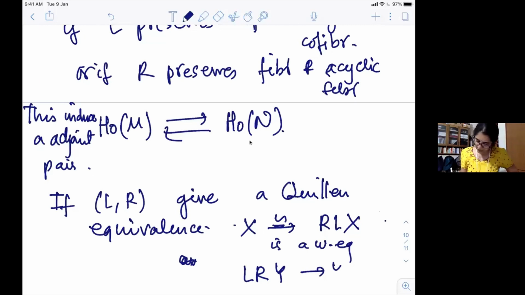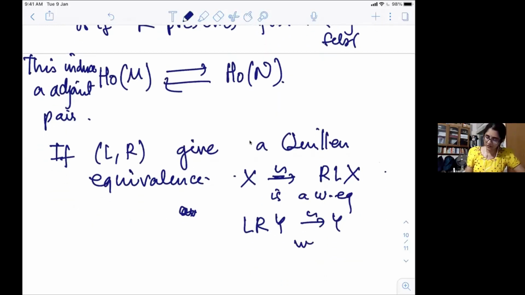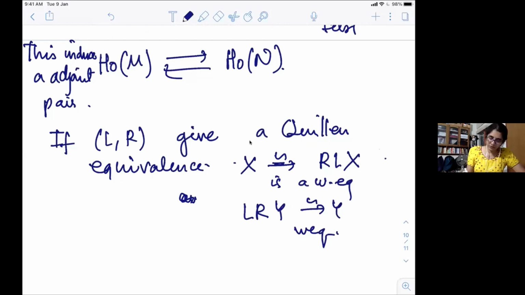I'm just making sure I got my maps in the correct direction. All right, if these are weak equivalences, I can make it much more specific, but the point is this induces an equivalence of homotopy categories.